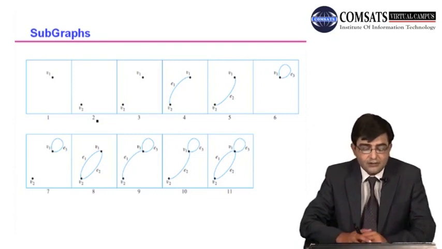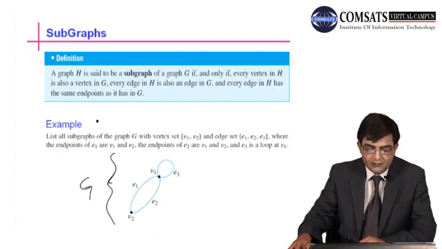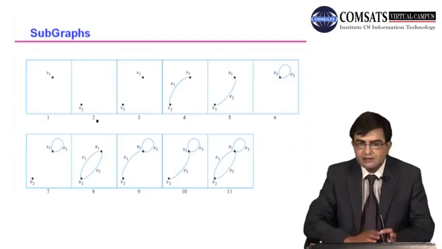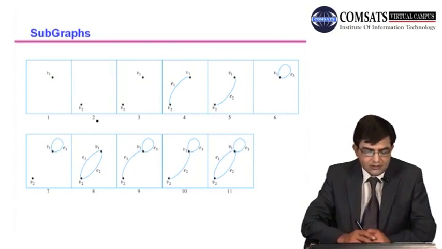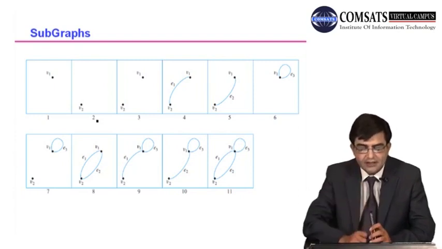This is a subgraph of G because it satisfies all the conditions in the definition. The first condition is that every vertex in H is also a vertex in G. V1 is a vertex and it is also a vertex in G, and there are no edges or other vertices, so we cannot check the other conditions about endpoints. So this is a subgraph.